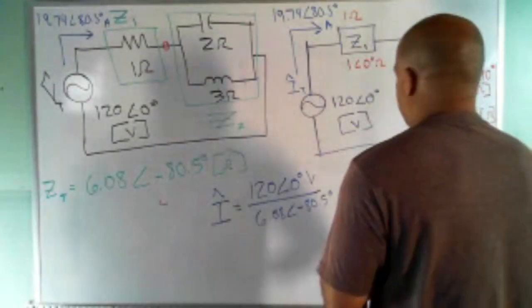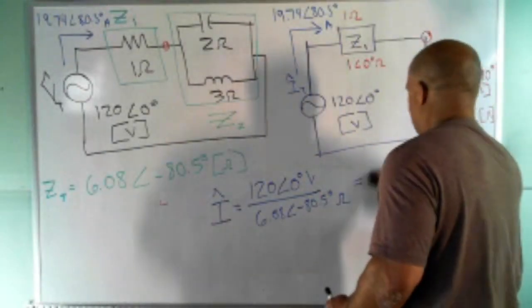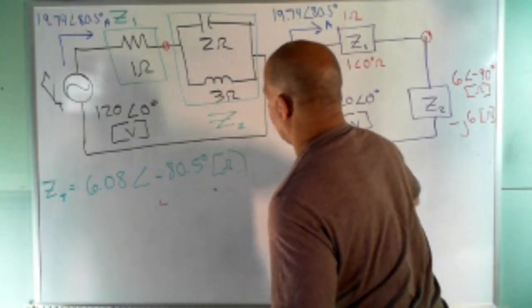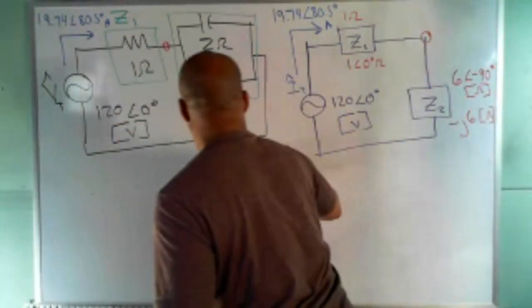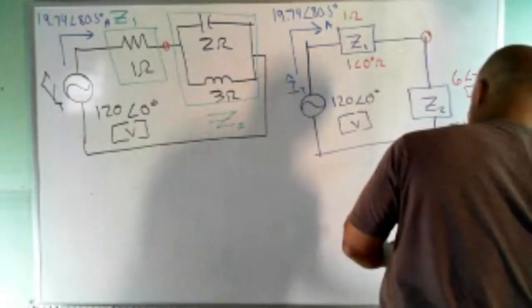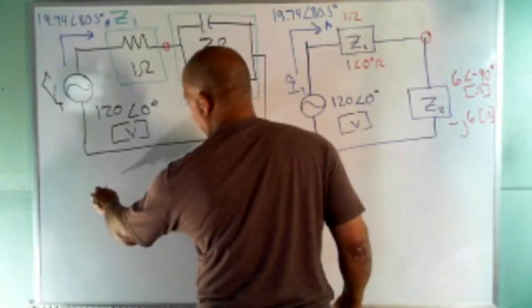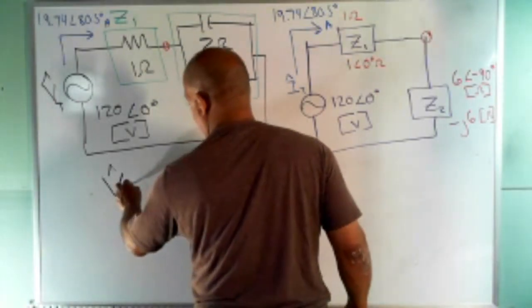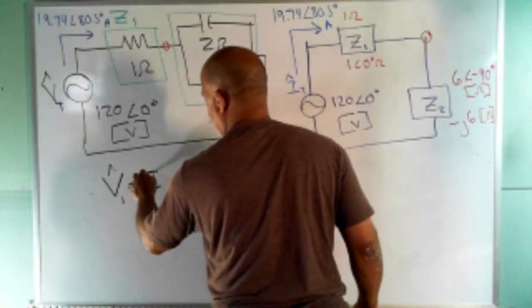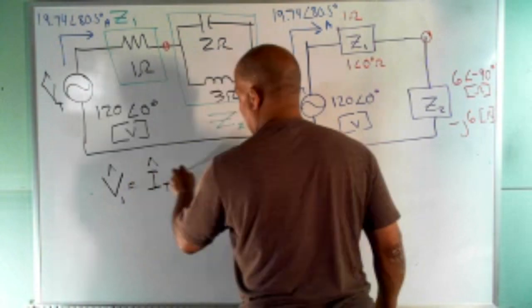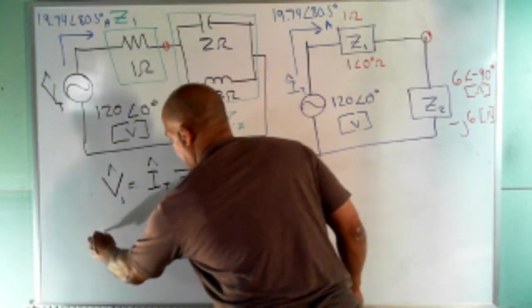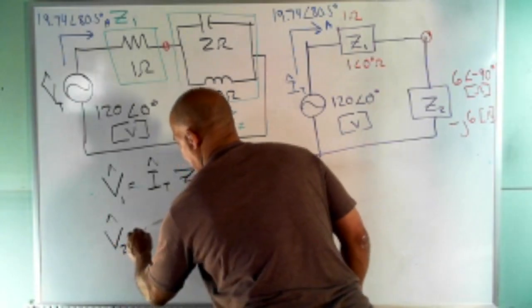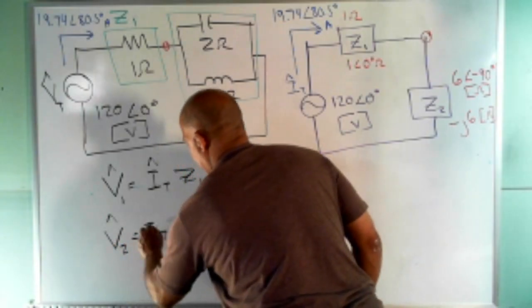Find the Z1 voltage drop and the Z2 voltage drop. V1 is just IT times Z1, and V2 is just IT times Z2.